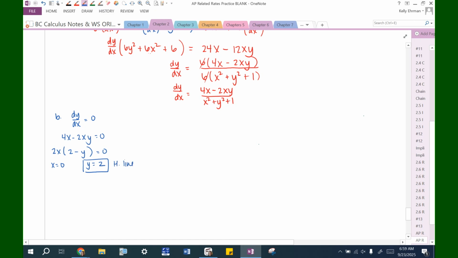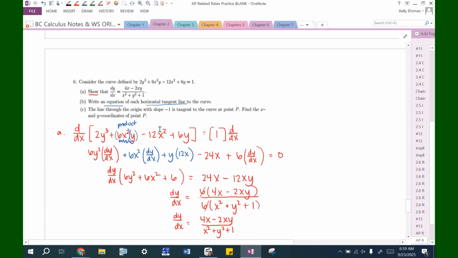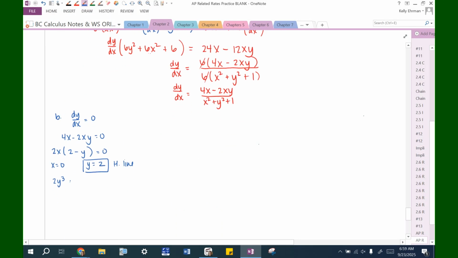I don't need a point slope formula. I can just say that's that. But this one, I need to say, so it's 2y to the third plus 6. If I put in 0 there, I'm going to get 0. 2y to the third plus 0 minus 0 plus 6y will equal 1. So 2y to the third plus 6y equals 1.